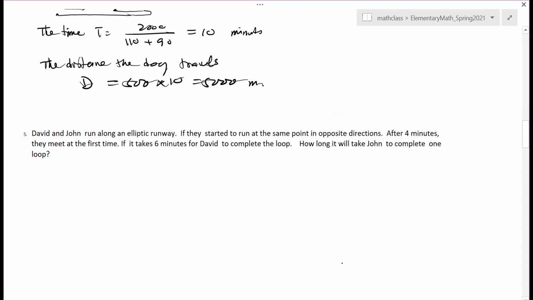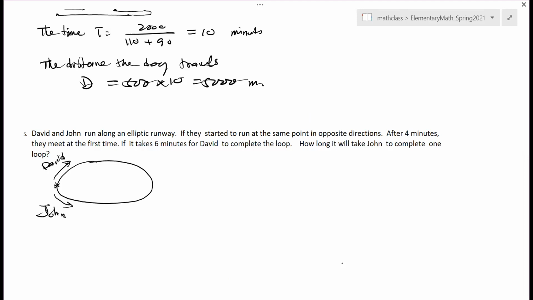Now, this is another problem. It's also a little bit tricky. This is an elliptical runway, and this is our starting point. David runs that way, and John runs that way. They start to run at the same point in opposite directions.